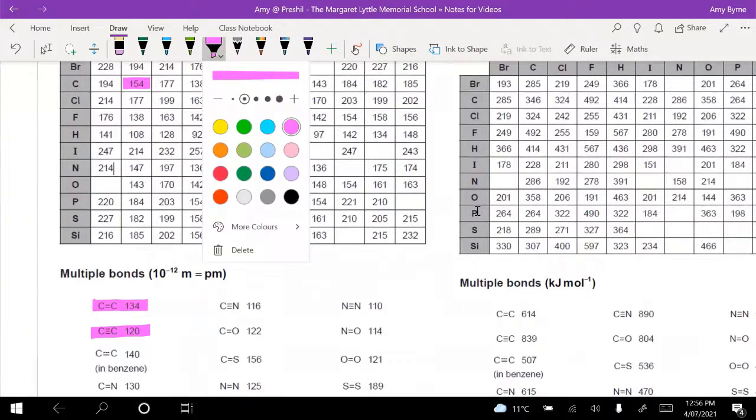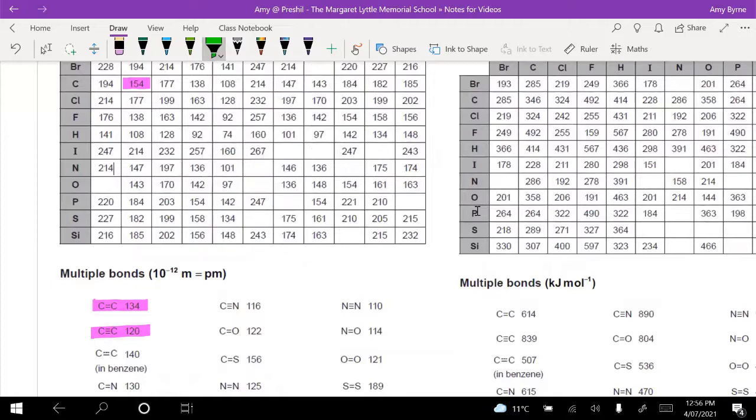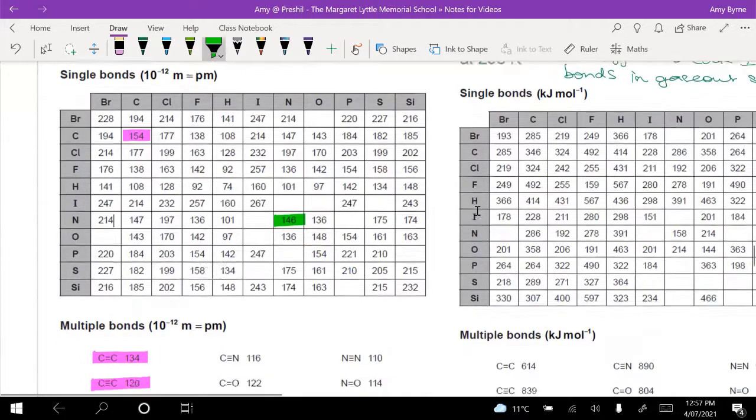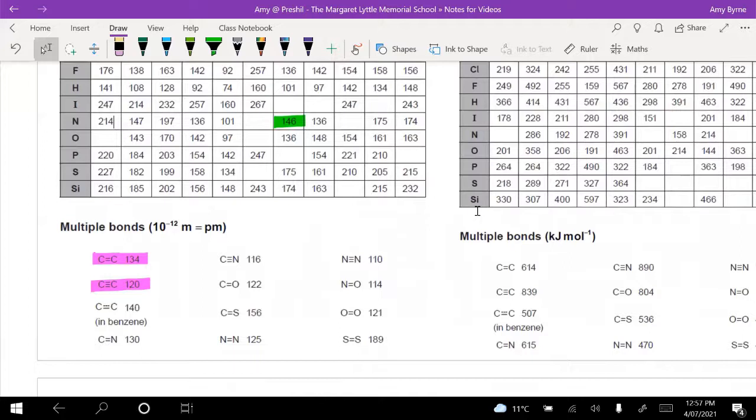We see a similar pattern if we look at our nitrogens. So a nitrogen to nitrogen single bond is 146. A nitrogen to nitrogen double is 125. And a nitrogen to nitrogen triple is 110.